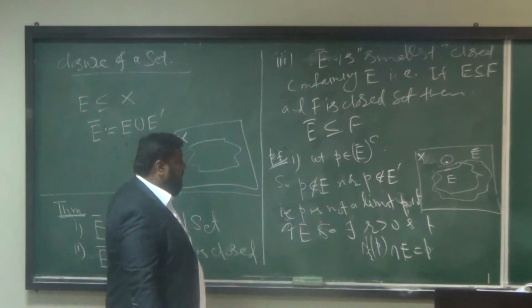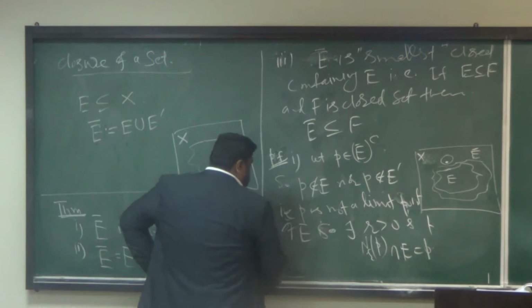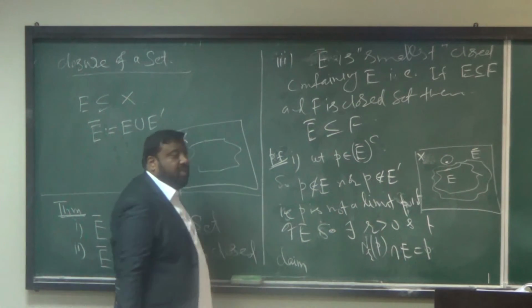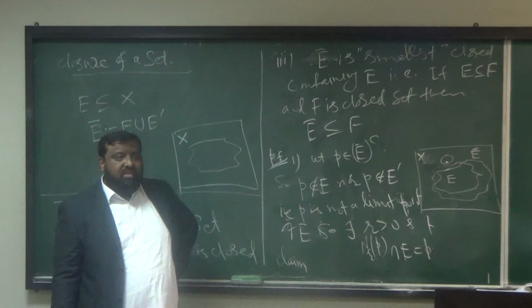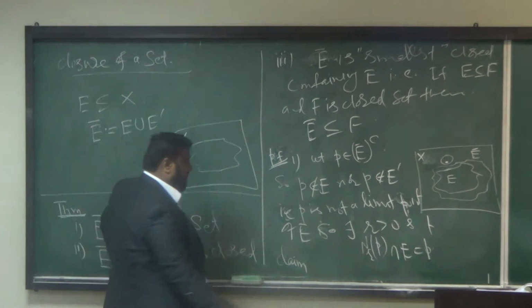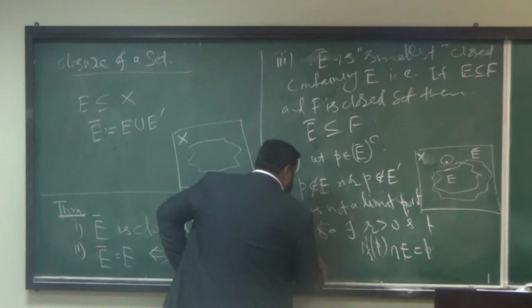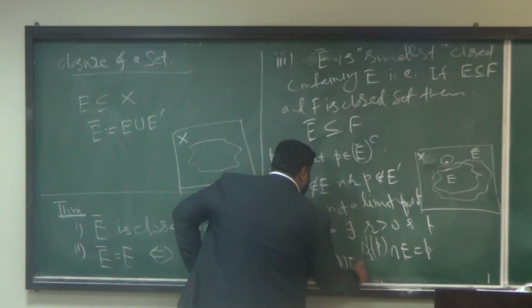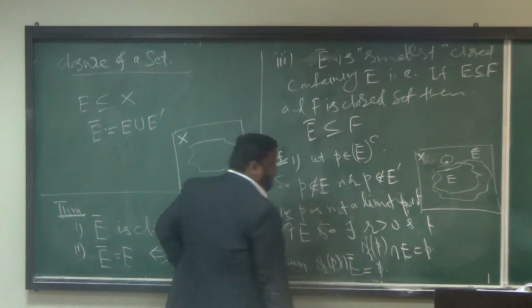My claim is that the same neighborhood is not going to even intersect with E closure. So the claim is that N out of P intersection closure of E is also empty.